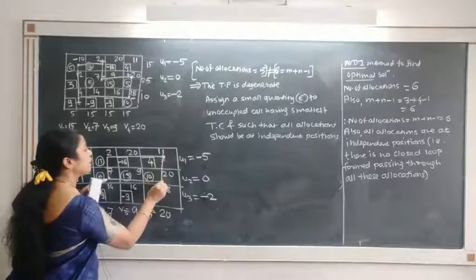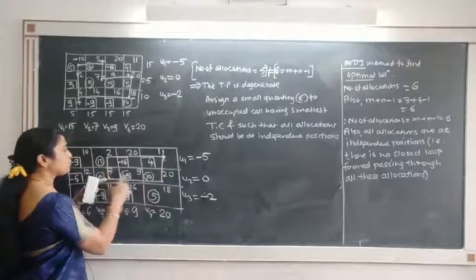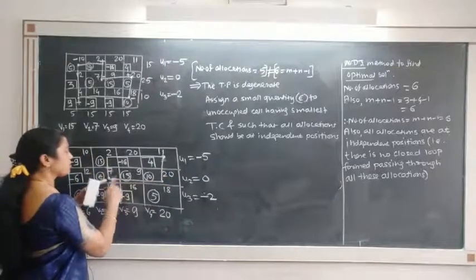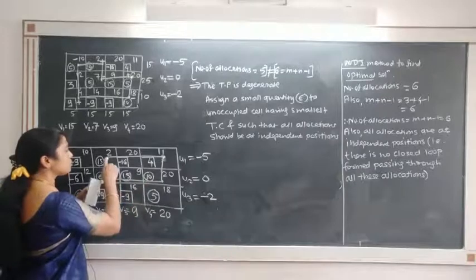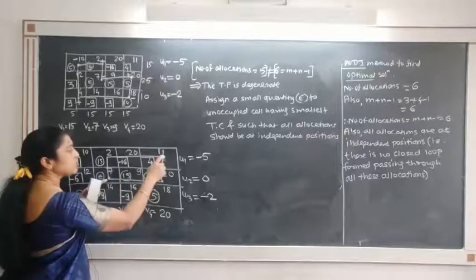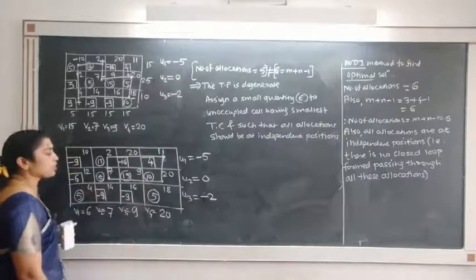So this is the entering variable. Observe that at all these 4 corners there are allocations. This is the entering variable, so there is no allocation at this.